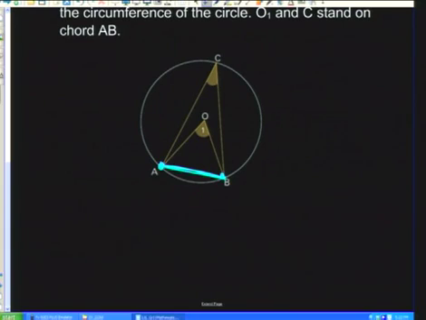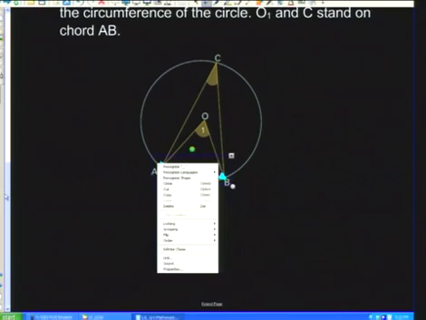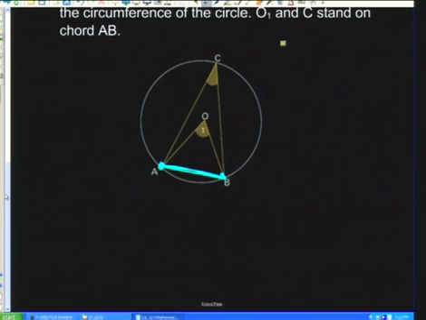If I take this chord and make it longer and longer so it goes through the center, we would then call that a diameter. And from this chord, if you take your fingers, you can create an angle at the center, and you can also create an angle at the circumference. So from those 2 points, I can make various different angles.